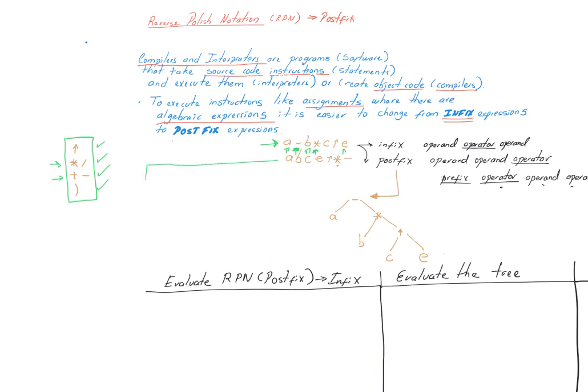So I'm going to do it here. And what you do is you start again reading from left to right, and you add to the stack both operands and operations and results of operations. So let's put the expression.